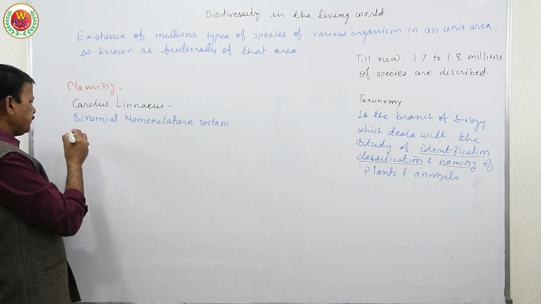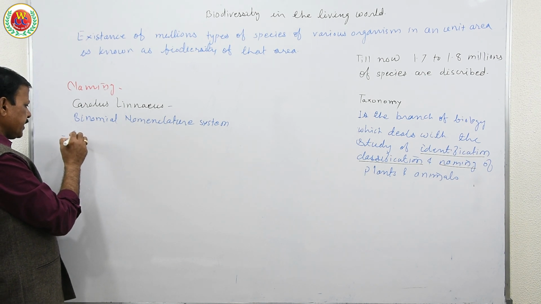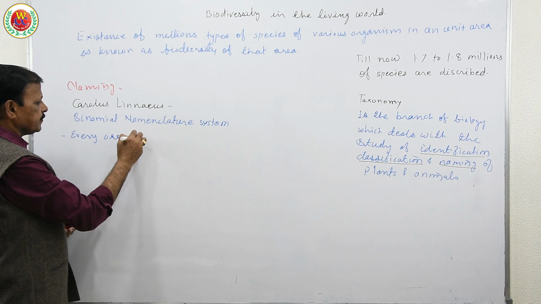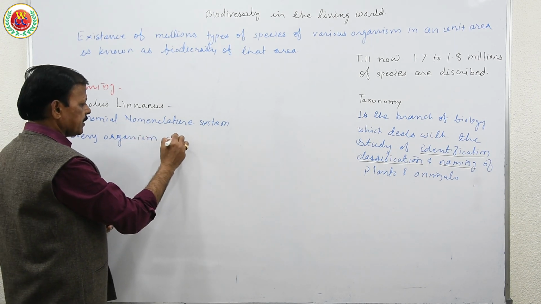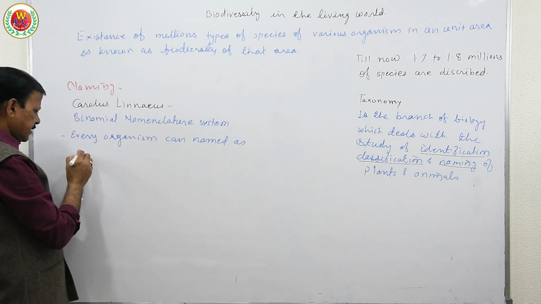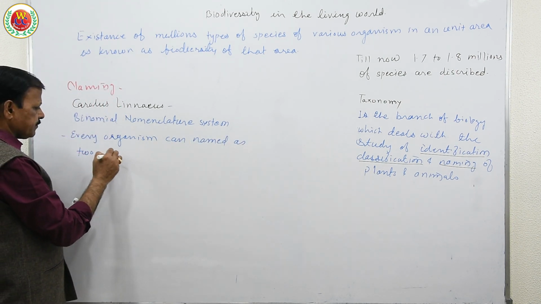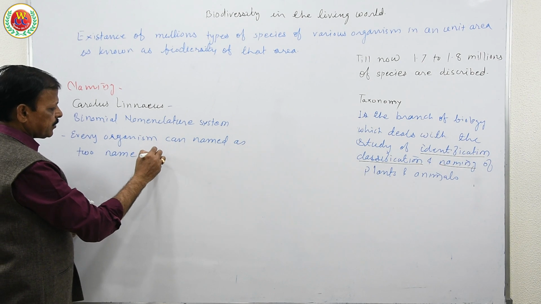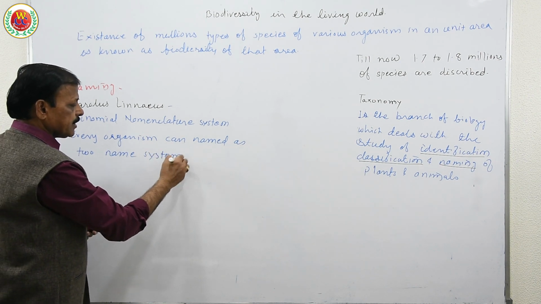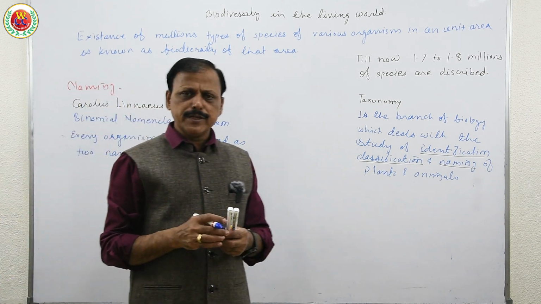According to him, every organism can be named by a two-name system, as we have the trinomial nomenclature system.